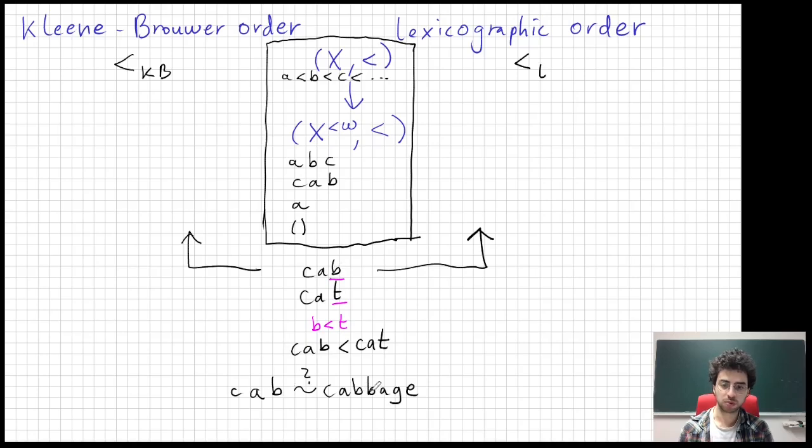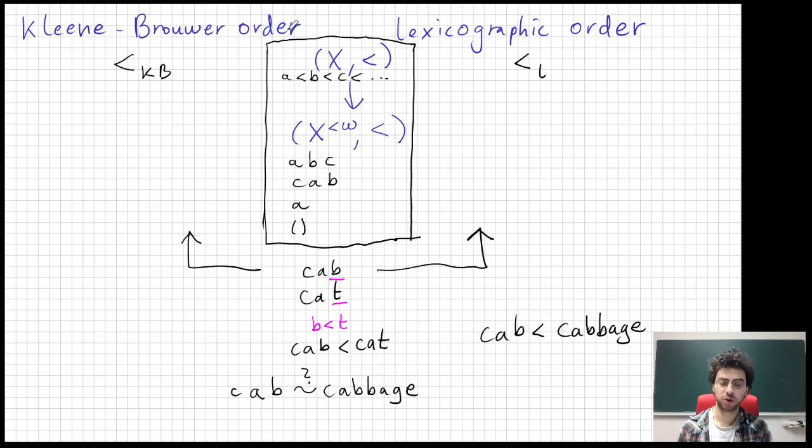There is no point that fits in the length of the shorter word where the letters are going to differ. And so we need to think of how to handle this case. And the lexicographic order does it in the way that we are used to from dictionaries, which is that the shorter word, the prefix, is going to be smaller. So cab is smaller than cabbage.